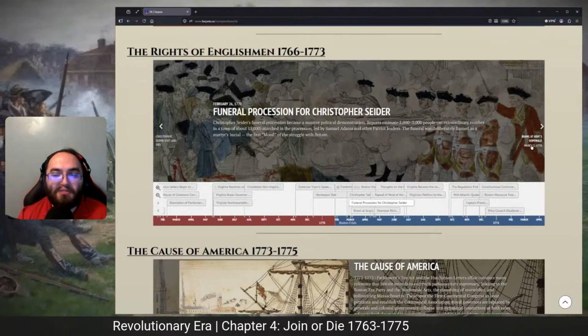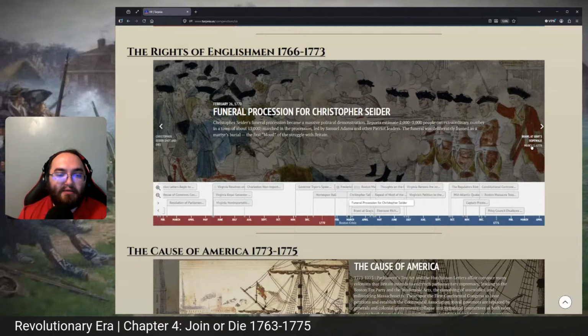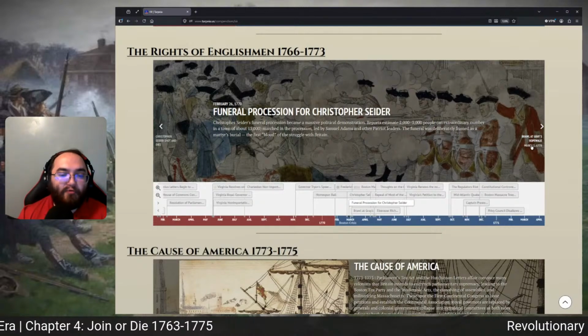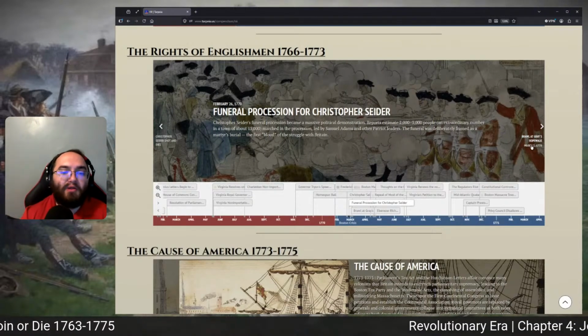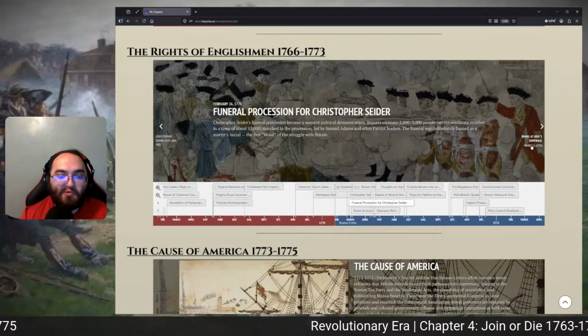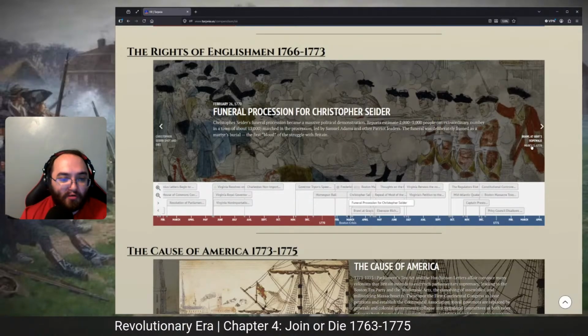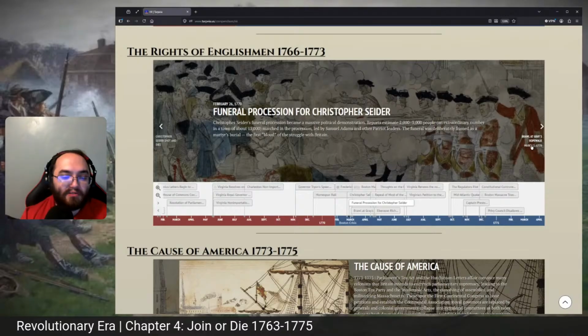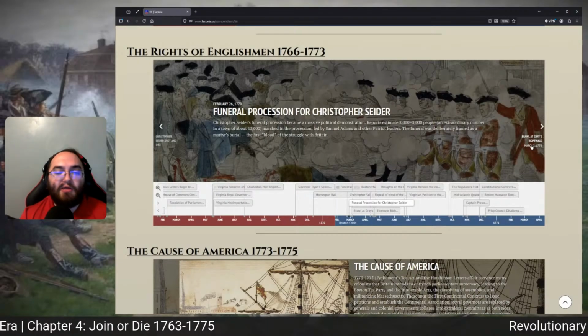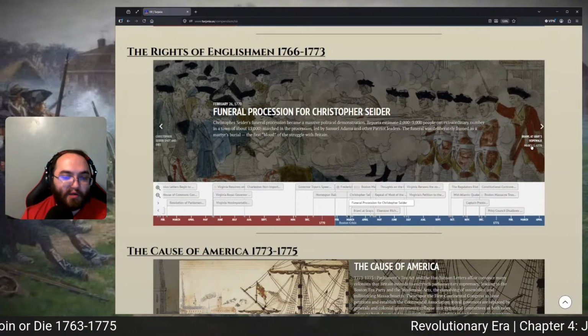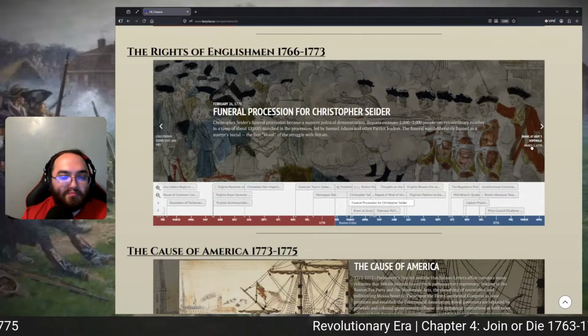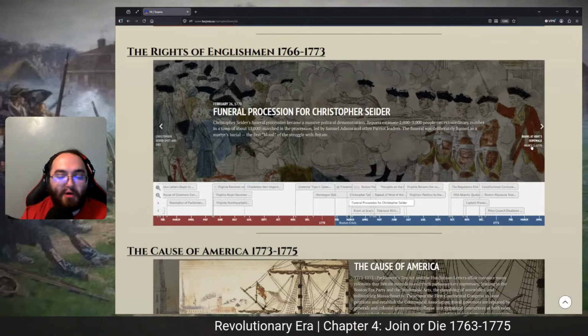The funeral was deliberately framed as a martyr's burial, the first blood of the struggle with Britain. And so this is the first death in the struggle between the colonists. This is the first colonial death in the struggle between the colonists and Britain and Britain's policies.